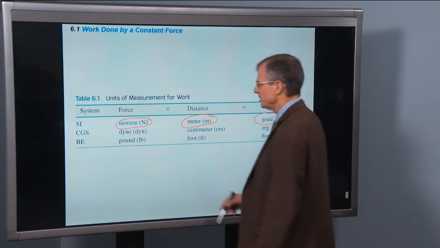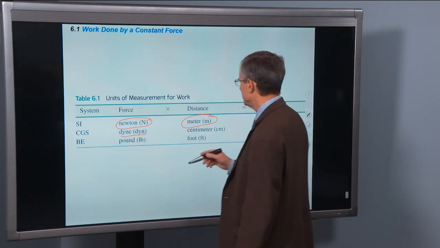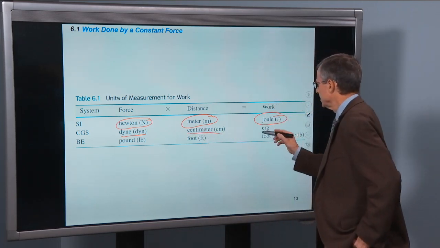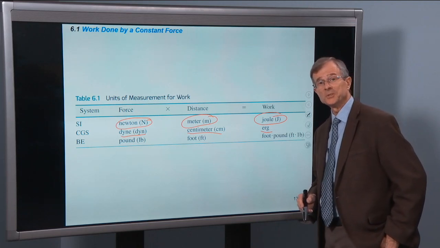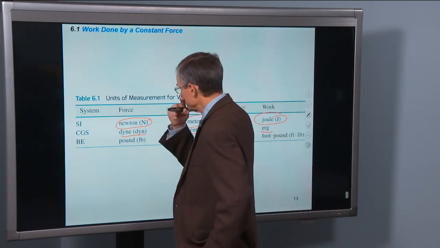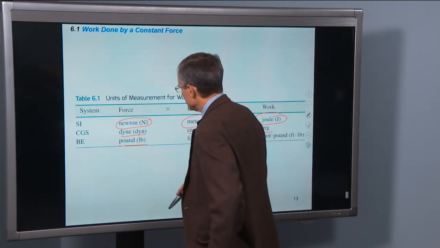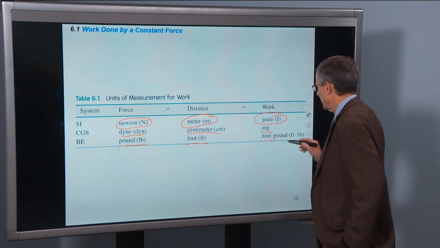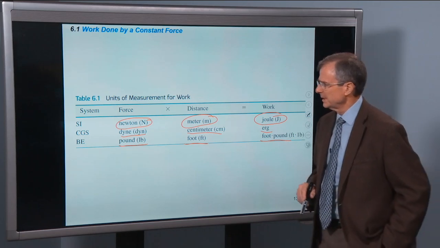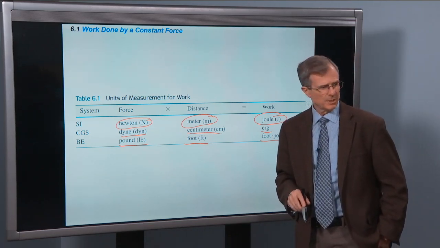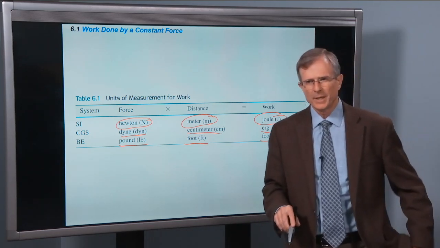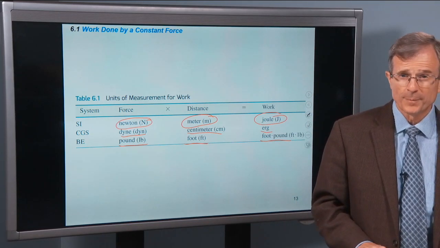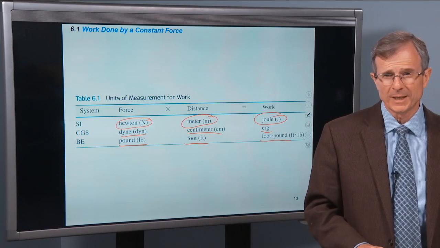In CGS units, the force is measured in dynes, the distance measured in centimeters, work done in ergs. British engineering units, force is measured in pounds, distance measured in feet, and foot-pounds is the British engineering unit. You might have heard of that unit before. It's also the unit for torque, pound-feet. We'll talk about that in a later chapter.